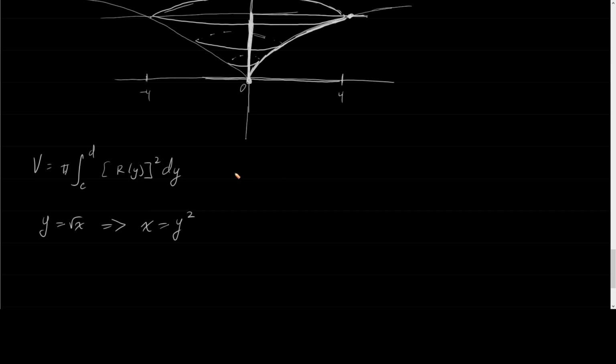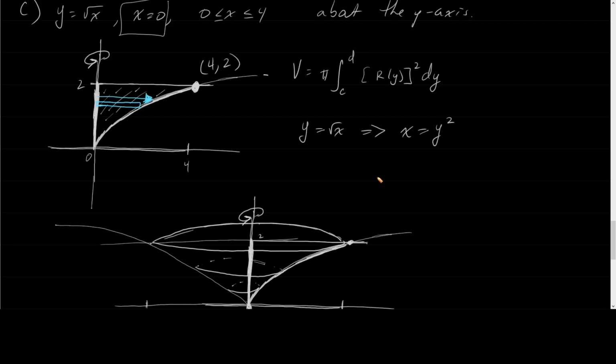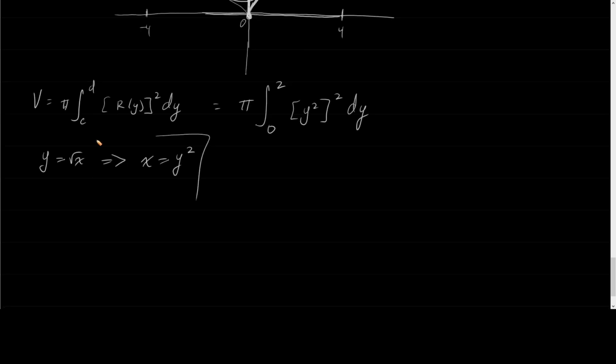So what we can say now is that our volume is going to be pi the integral from 0 to 2, our upper bound there, of our radius function in respect to y. And we said that that was simply y squared, and that squared, dy. All right? And again, there right here in blue, that's our radius. So that distance is just hitting that function there as y squared.